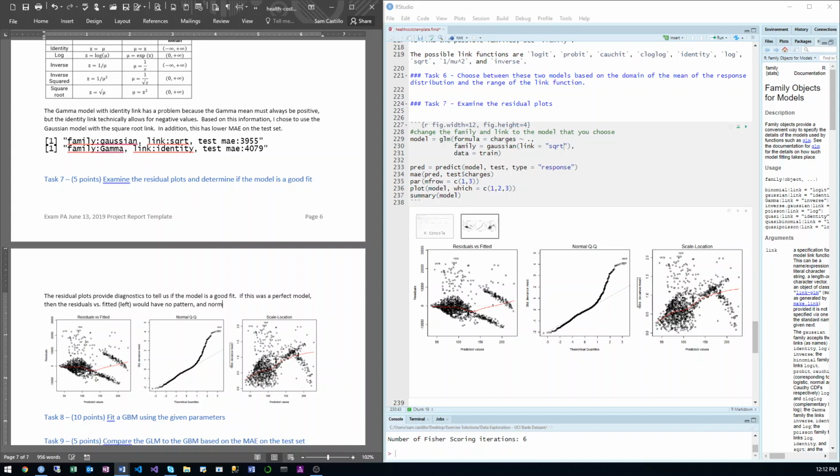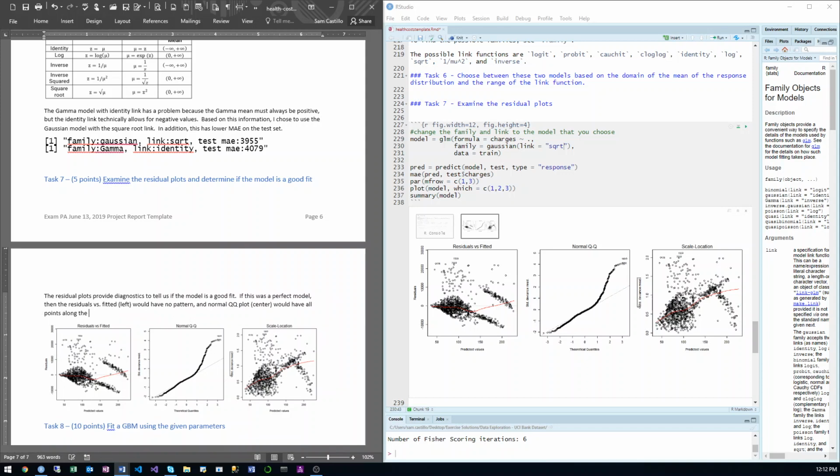The normal QQ plot in the center would have all points along the 45-degree line, and the scale location plot on the right would also be random.